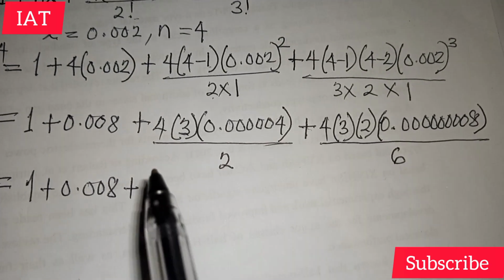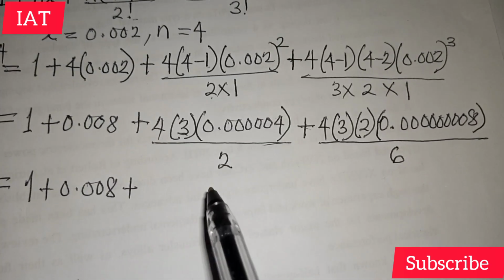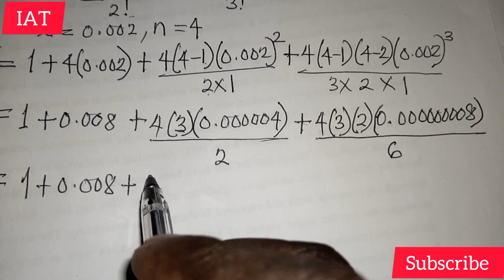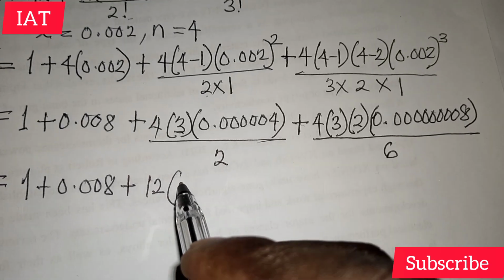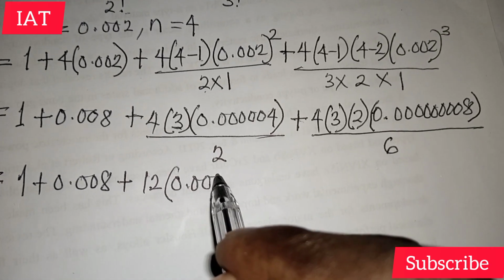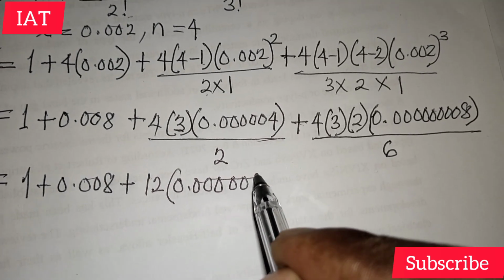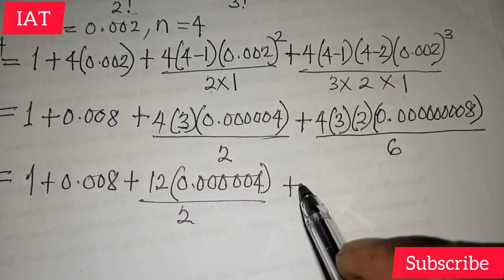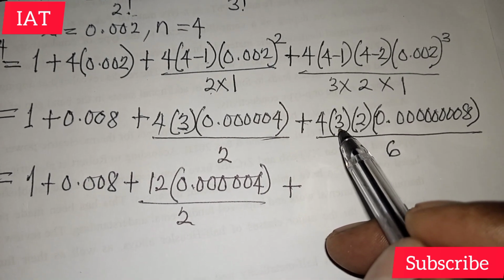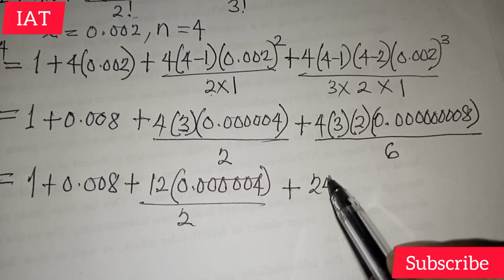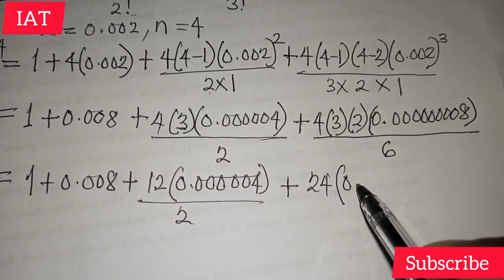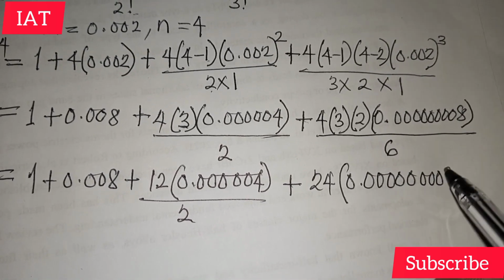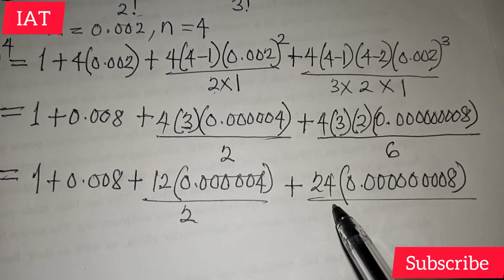Some of you may have challenges in multiplying directly and then dividing. So if I were you, I would say 4 times 3, that's 12. I'll keep it in a simplified way so that by the time I make the total multiplication, it will be easier for me. 4 divided by 2 plus 4 times 3, that is 12, and 12 times 2 gives 24, multiplied by 0.00000000, we have 8 zeros here, and then all over 6.